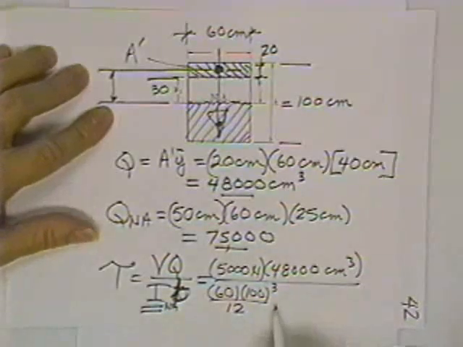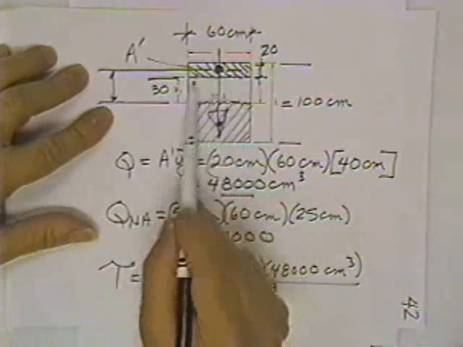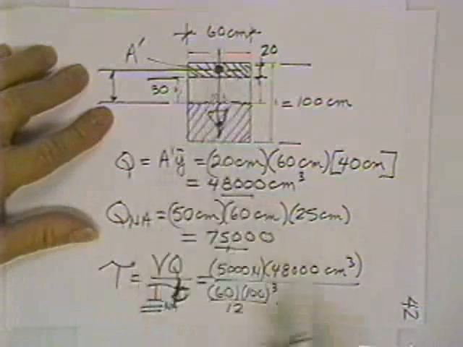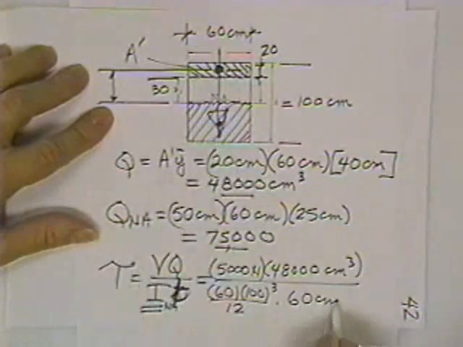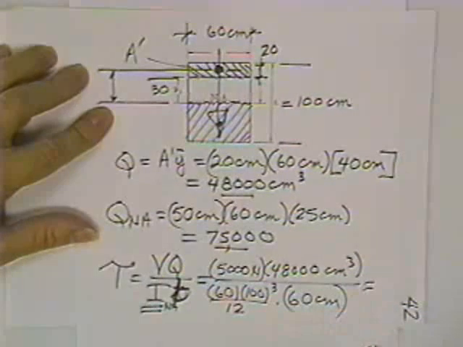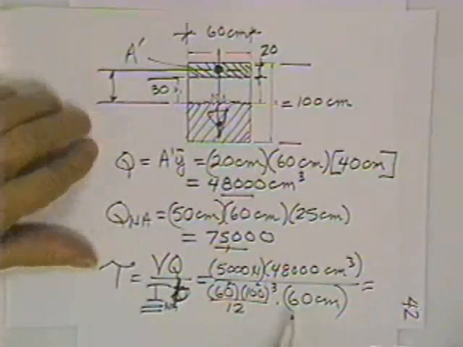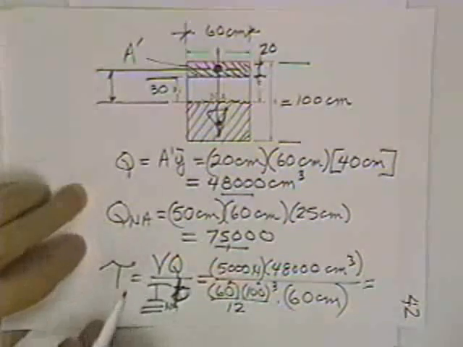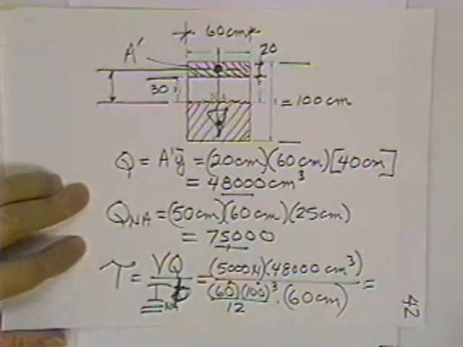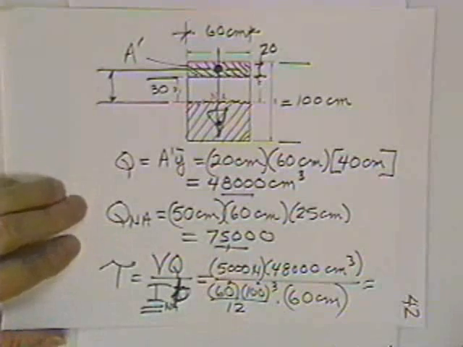And then how thick is he? He is at the boss's requested location. He is 60 centimeters wide. And that'll tell you the stress in newtons per square centimeter. If you want it in Pascals, you have to change it to newtons per square meter.